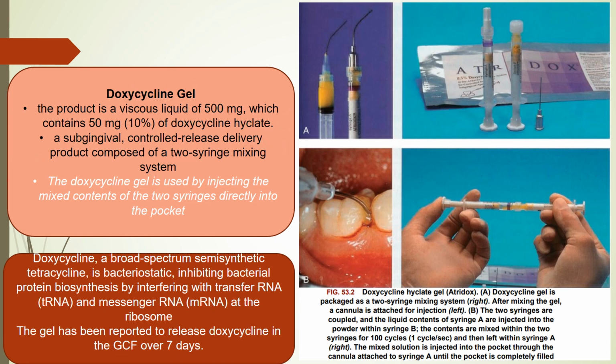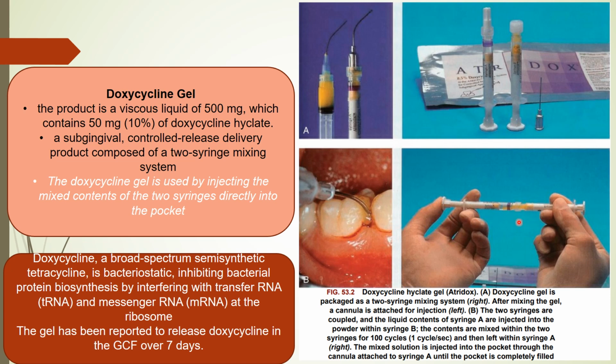Coming to doxycycline gel, this product is a viscous liquid of 500 mg which contains 50 mg of doxycycline hyclate. It is a subgingival controlled release delivery product composed of a two-syringe mixing system. It can be mixed outside and then injected, with the mixed contents of the two syringes going directly into the periodontal pocket, as you can see in this picture.